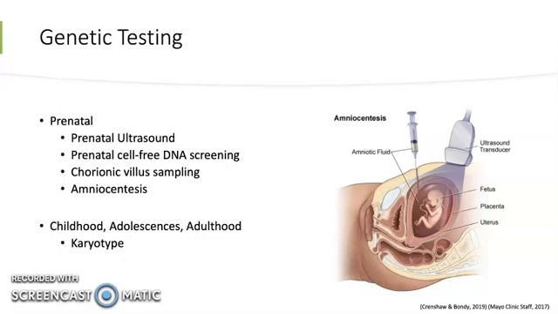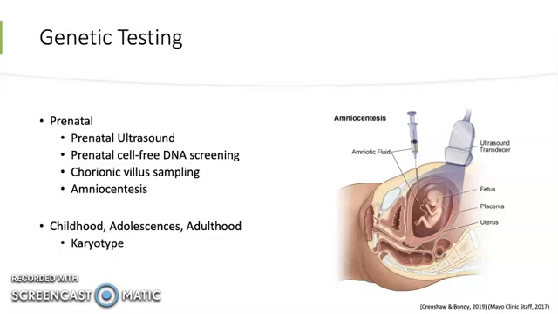The next prenatal genetic test I have listed is chorionic villus sampling, and this is another chromosomal test that takes a piece of the tissue from the placenta, because the placenta contains the same genetic material as the fetus. That tissue gets sent to a genetics lab, and again, chromosomal abnormalities are screened via the tissue.